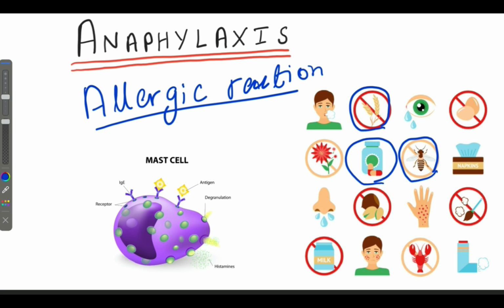Basically, when that foreign substance enters the body, our immune system reacts to it, and that reaction can be IgE mediated or it can be complement mediated. However, in both cases, the end result is the same.